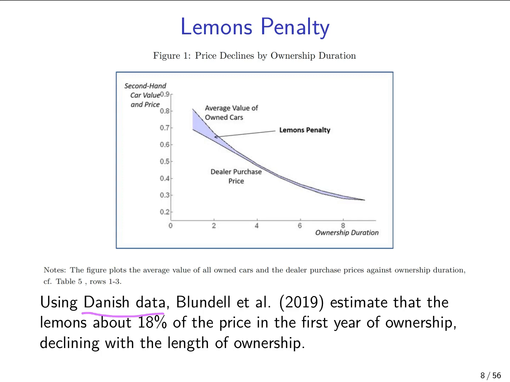So what they look at is, how would the average value of a used car change over time? This is the year when the car was new and got purchased, and then as years go by, ownership duration increases. Not surprisingly, the average value of a used car drops as a percentage of the new car.